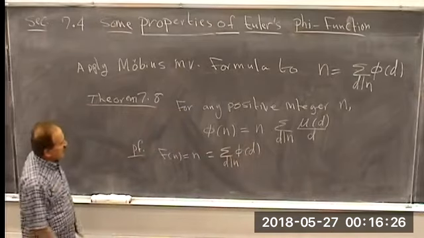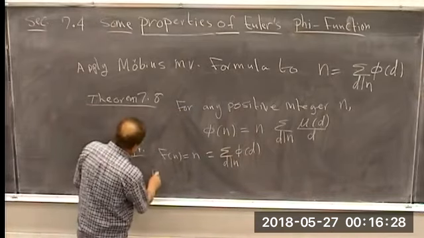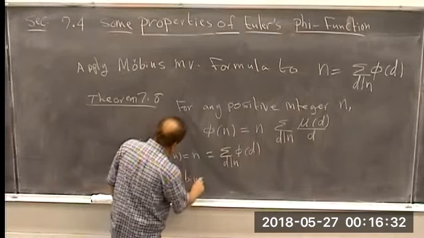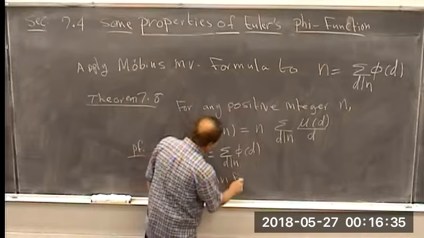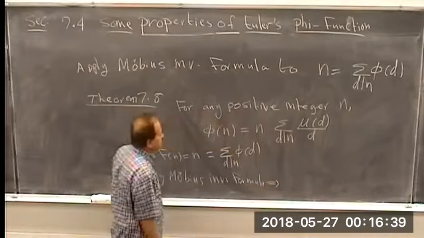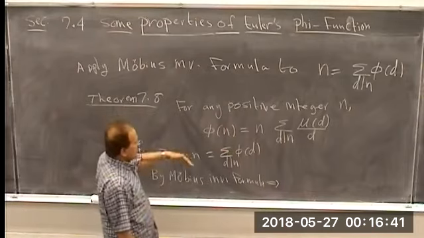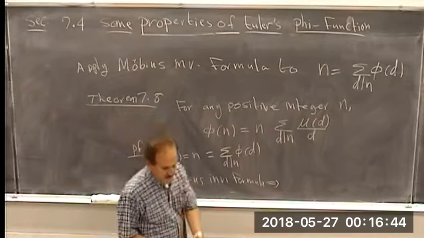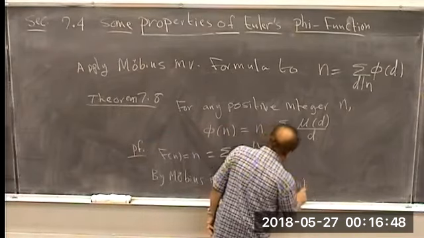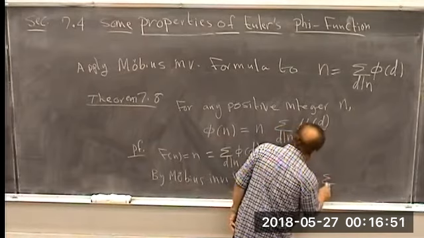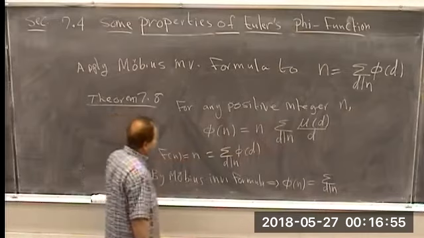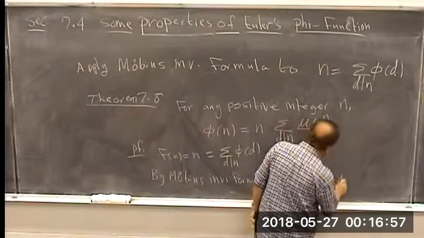Now remember, by the Mobius inversion formula, this implies that phi of n is the sum over d dividing n of mu of d times f of n over d.